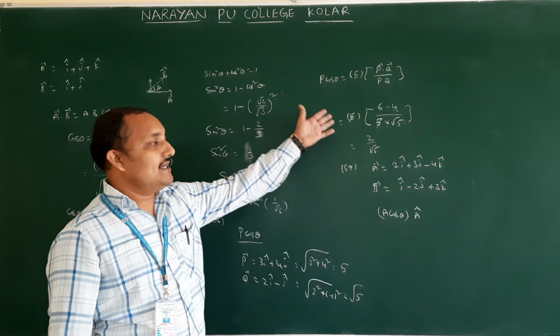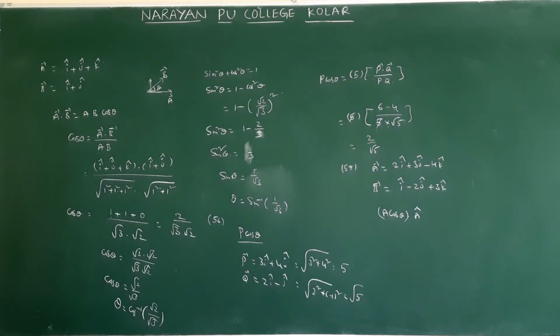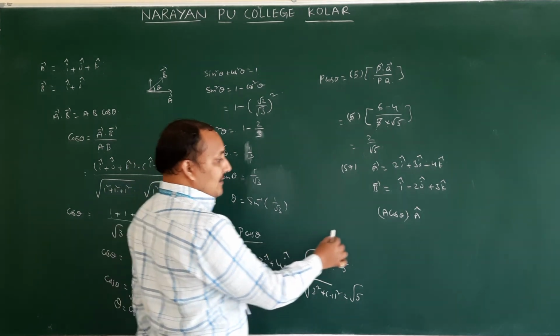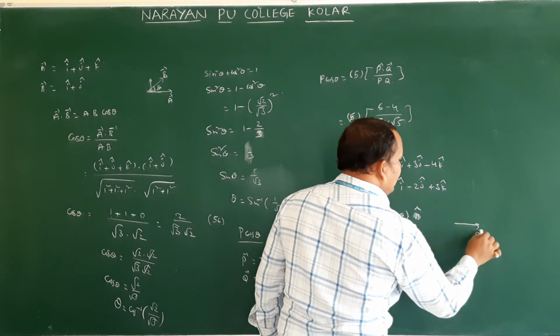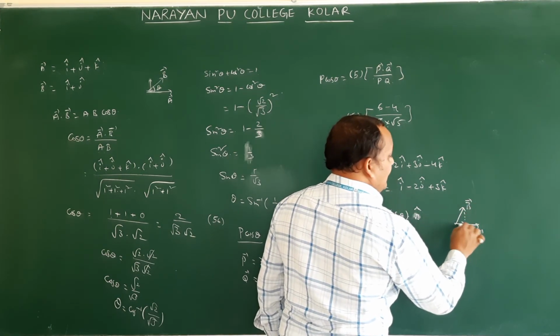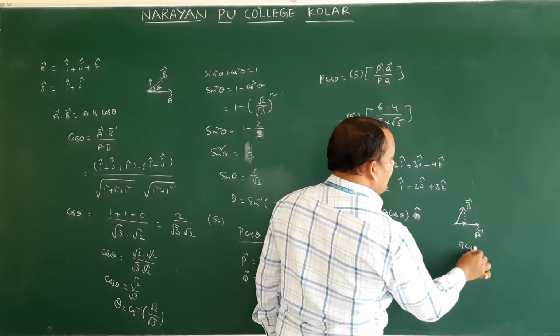So how to find this one means same method. You can try to solve: a cos theta into b cap, not a cap. Like b cos theta into q cap, here a cos theta into b cap. This is a bar, this is b bar. In this direction, along a bar, it is b cos theta a cap.